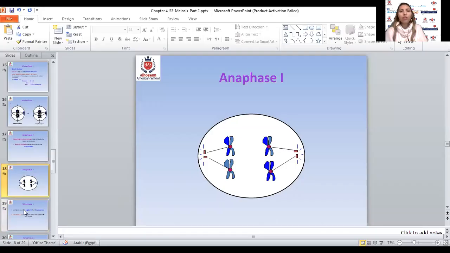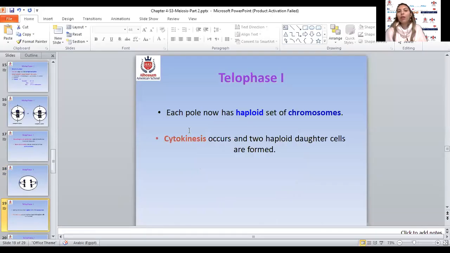So during telophase, each pole now has a haploid set of chromosomes, because it has half the number. And then cytokinesis occurs and two haploid daughter cells are formed. We start with 4 chromosomes, and there will be 2 in each one.